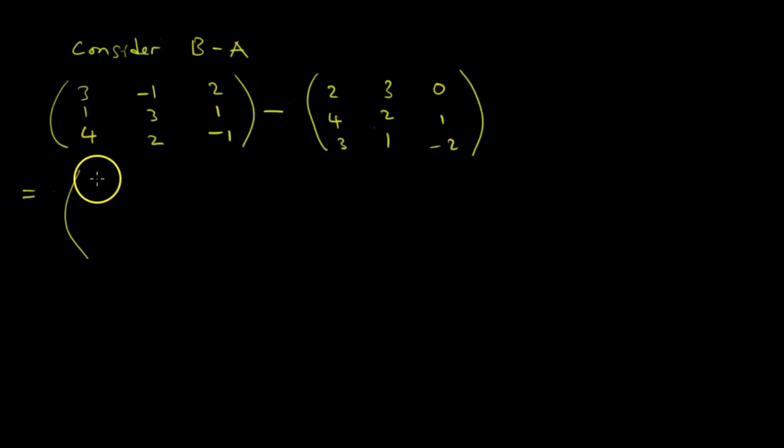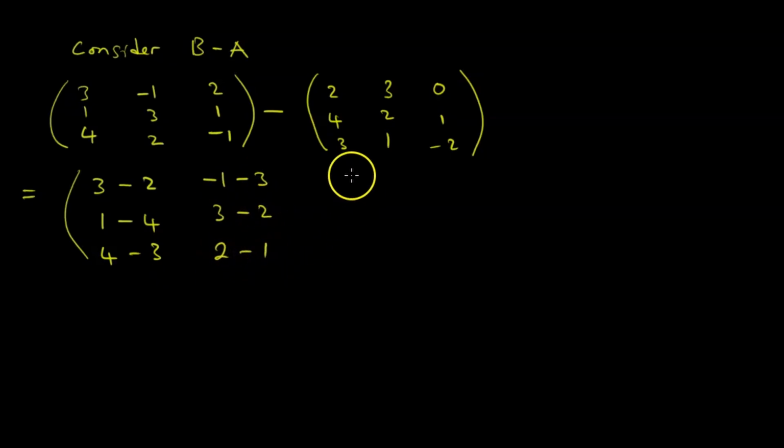Corresponding positions: 3 minus 2, 1 minus 4, 4 minus 3. Minus 1 minus 3, 3 minus 2, 2 minus 1. 2 minus 0, 1 minus 1, and minus 1 minus 2. Like this.